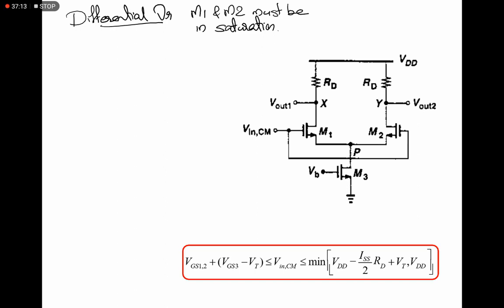For any MOSFET in saturation, we know VDS must be greater than VGS minus VT.